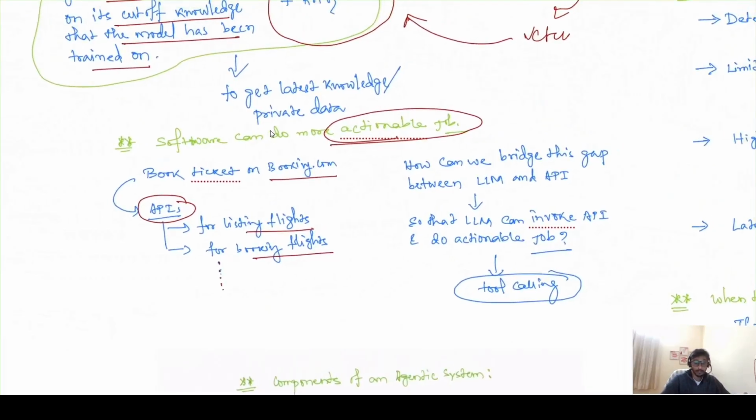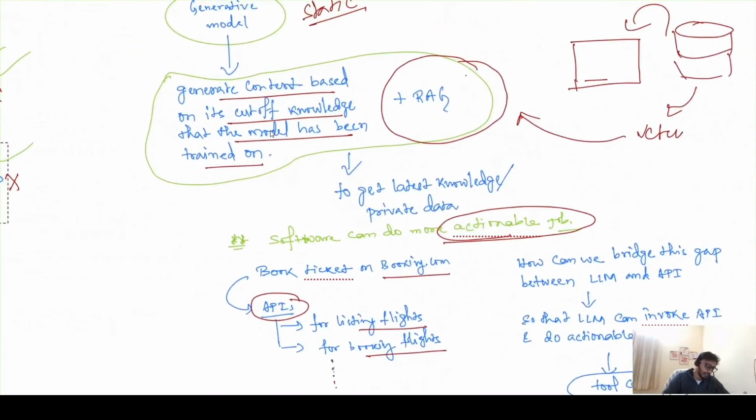But an LLM is static, right? Or any GenAI model is static, right? So they have knowledge till their cutoff date, when they were trained.